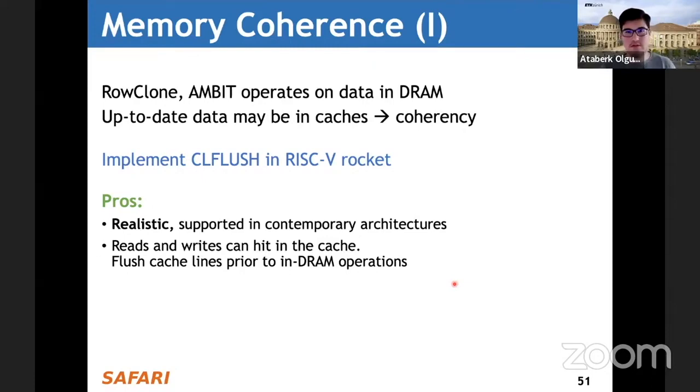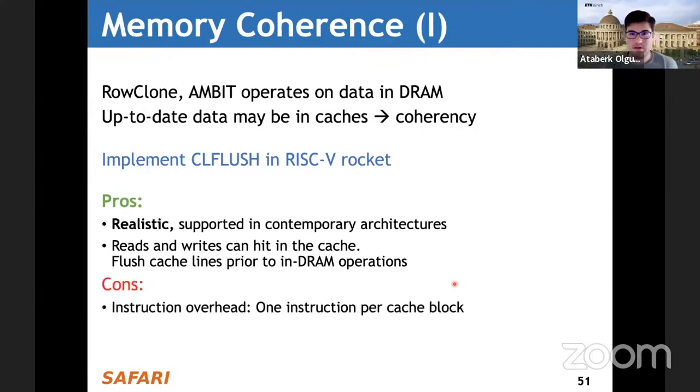And since we use these operations to first evict all cached copies of the data that we want to copy, we can still access the data and keep cached copies of the data when we're not doing the computation in DRAM. And when we want to do the computation in DRAM, we will just use CLflush first.